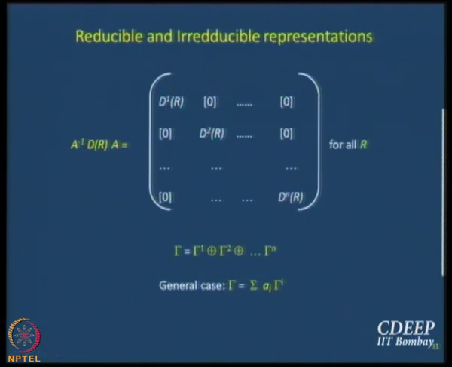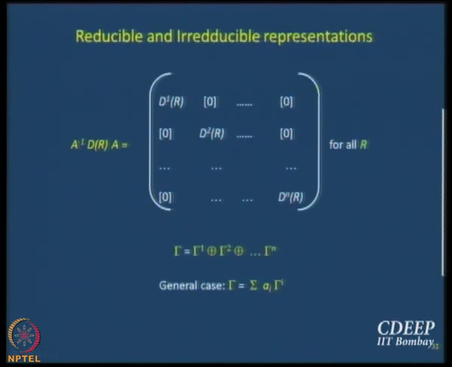Do not add D1R to D2R, have D1R, put in the zeros, then put D2R in its place. Okay. This is block addition. Gamma equal to gamma 1 plus gamma 2 plus etc. plus gamma n. Okay. Now, it is possible that gamma 2 might be the same as gamma 3, or there might be 3 gamma 2s or 3 gamma 4s and so on. So, the general case is gamma equal to sum over a_i gamma i. So, that is how we write the representations.